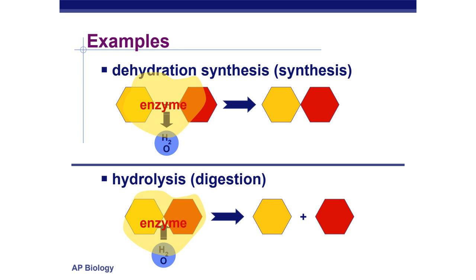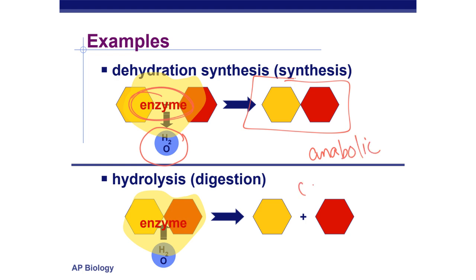Some specific examples that we've already talked about, just as reminders: dehydration synthesis. I take the monomers, I remove the water, I use an enzyme, and now I've built this nice polymer. I've synthesized or made something. Enzymes can participate, so that would be an anabolic reaction.